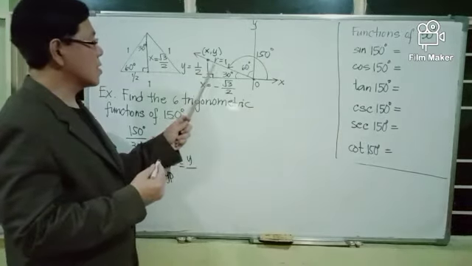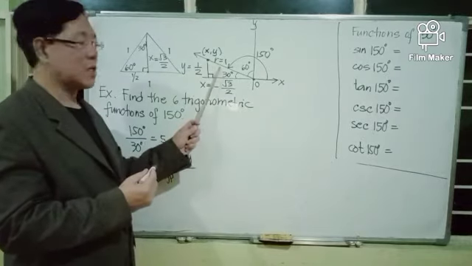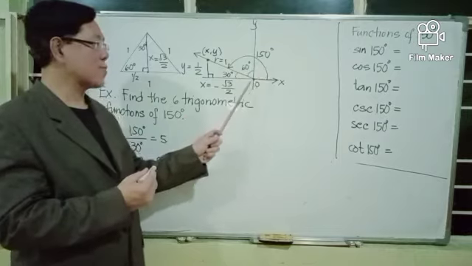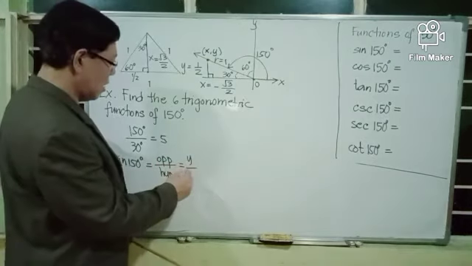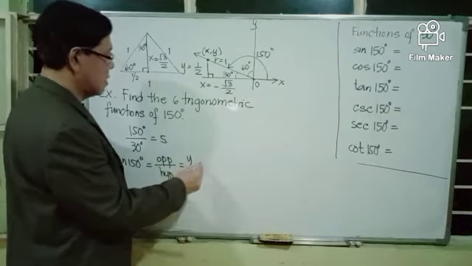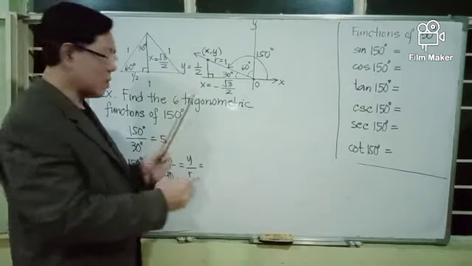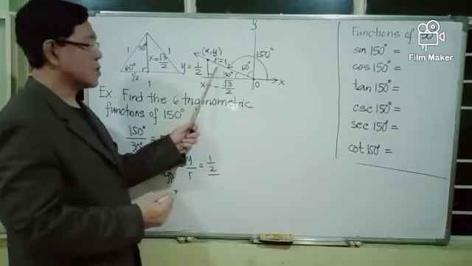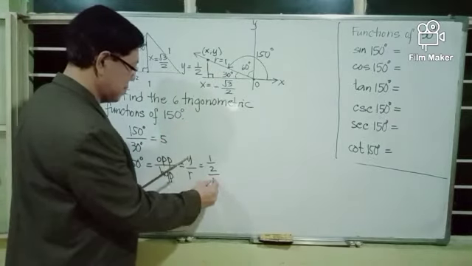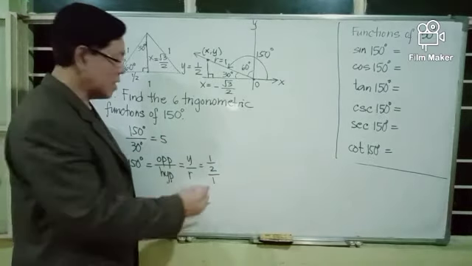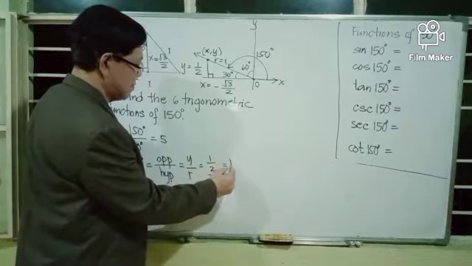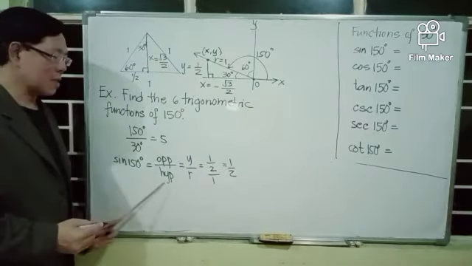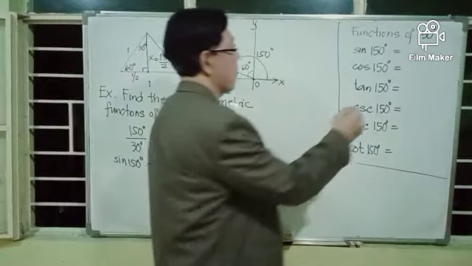And our hypotenuse is the radius vector, the distance of this point on the terminal side of 150 degrees from the origin, r. And our y has a value of 1/2. And the radius vector is 1. 1/2 divided by 1 is 1/2. Hence, the sine of 150 degrees is 1/2.